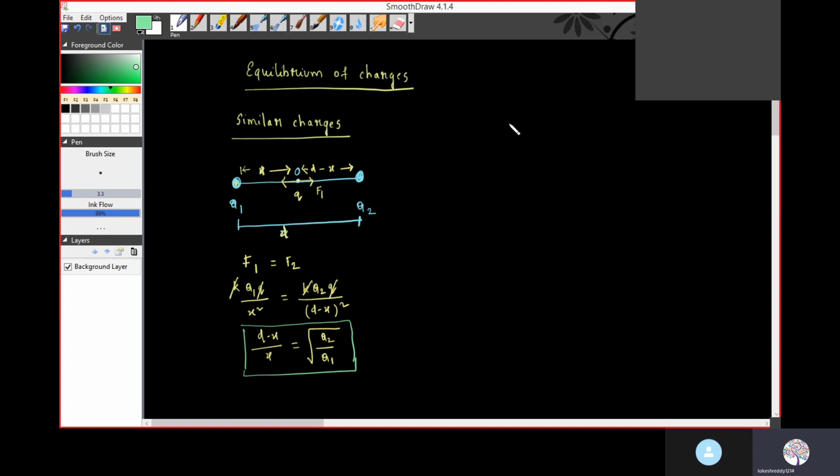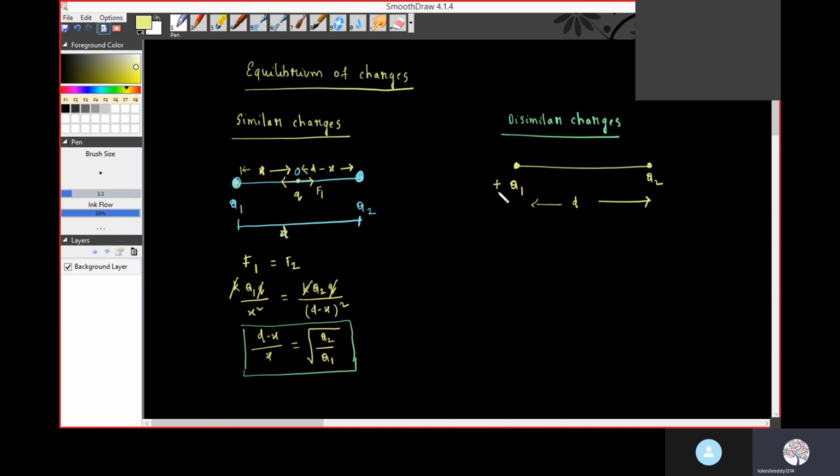Now if you have dissimilar charges, let us take this as Q1 and this as Q2, and the distance between them is d.